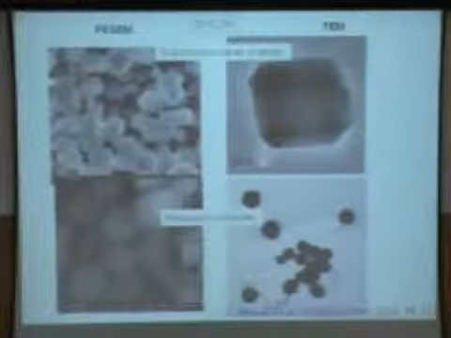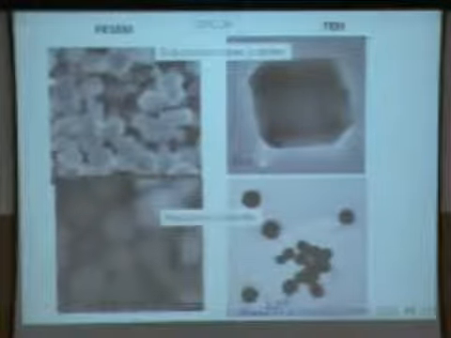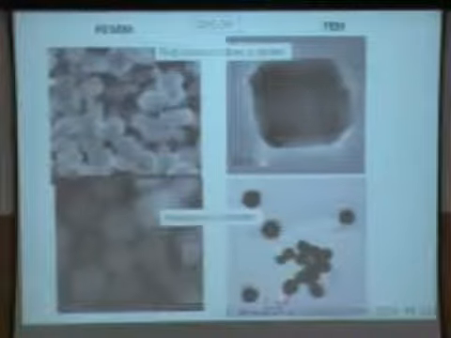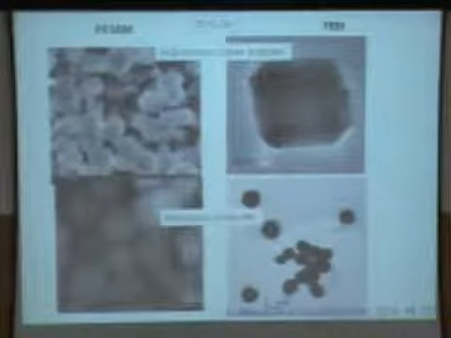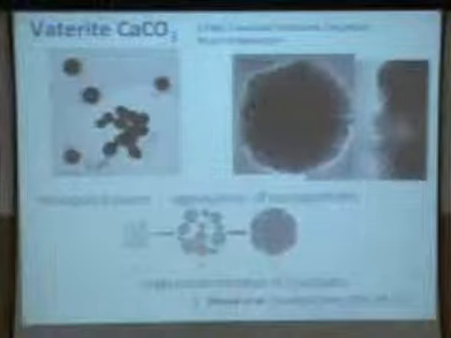So this is room temperature synthesis of something which bioorganisms can make, but it is not normally thermodynamically stable at room temperature. These are different structures of vaterite and calcite, and this normally looks hexagonal. If you look at one particle, it looks like a hexagon.